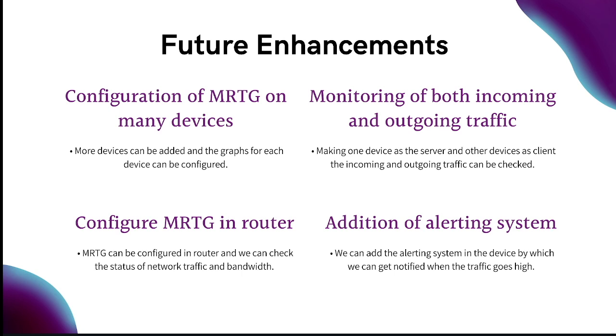As I said previously, we were only able to configure MRTG on our laptop, so we plan on configuring it on the router as well. Also, we plan on adding an alerting system in the future, which will help us to monitor if there is a high amount of network traffic going through the device or the router, which will ultimately help us to plan effectively.